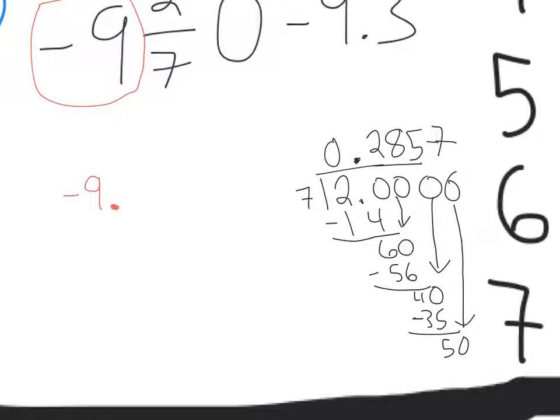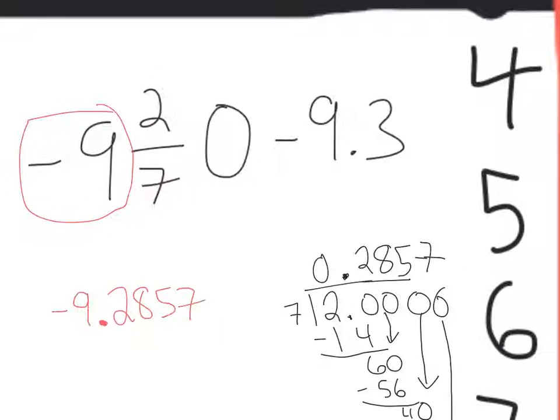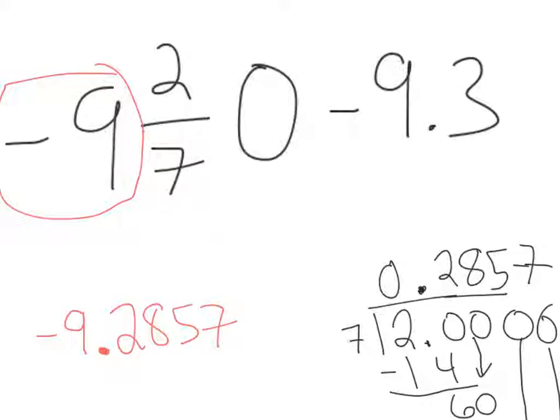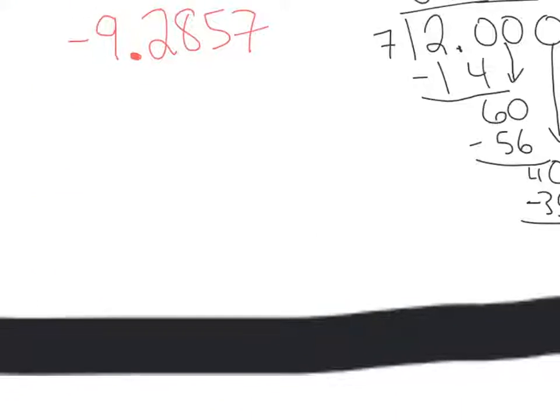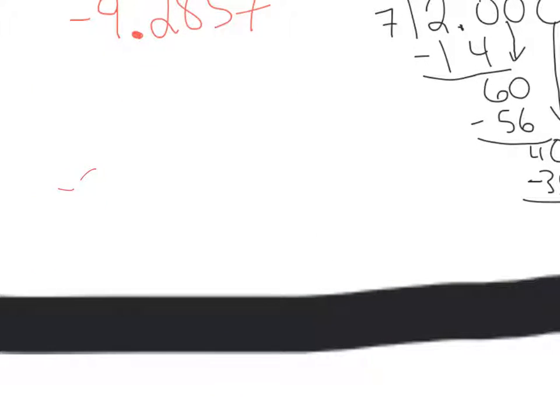And we're going to put negative 9.2857. And we want to compare that to negative 9.3. So let me rewrite this. Compared to negative 9.3.